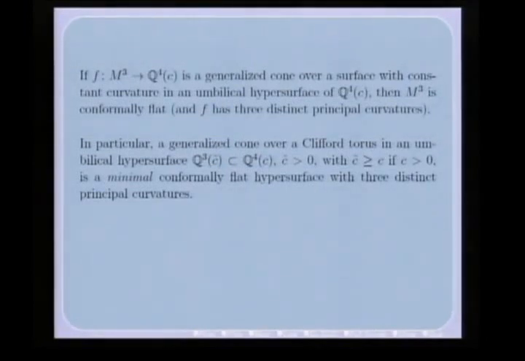So the example of a cone over a Clifford torus in Euclidean space can be easily extended to any space form. And the question now is, are there any further examples of such hypersurfaces? Minimal conformally flat hypersurfaces with three distinct principal curvatures?